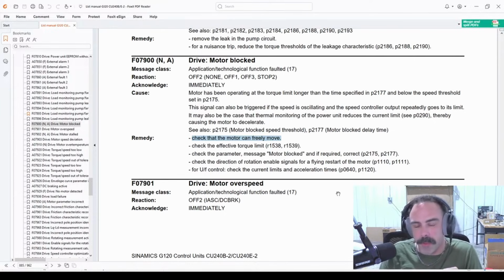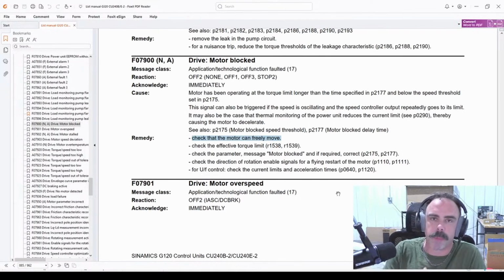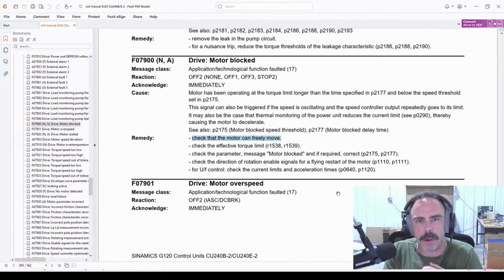One of the things when you're starting a system up is you need to get rid of that first motor block fault, because there are two possible reasons. You could have the encoder connected correctly, but the motor turning in the wrong direction, meaning your phase leads are off.